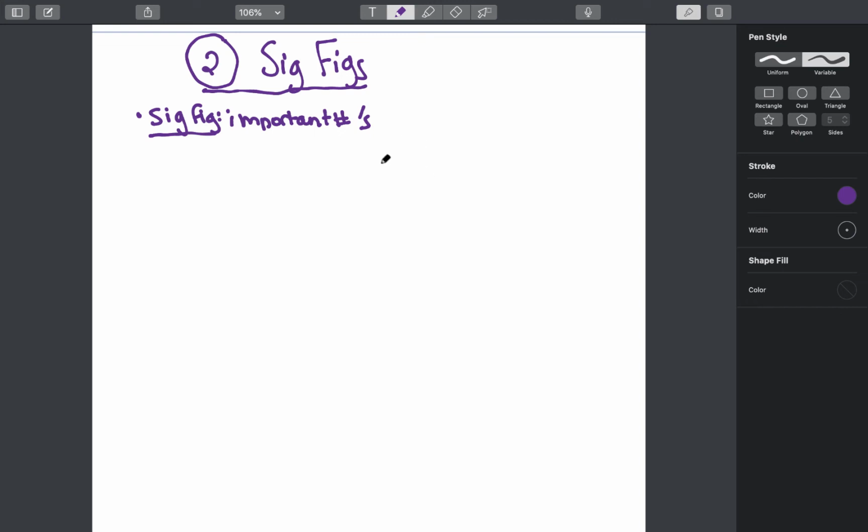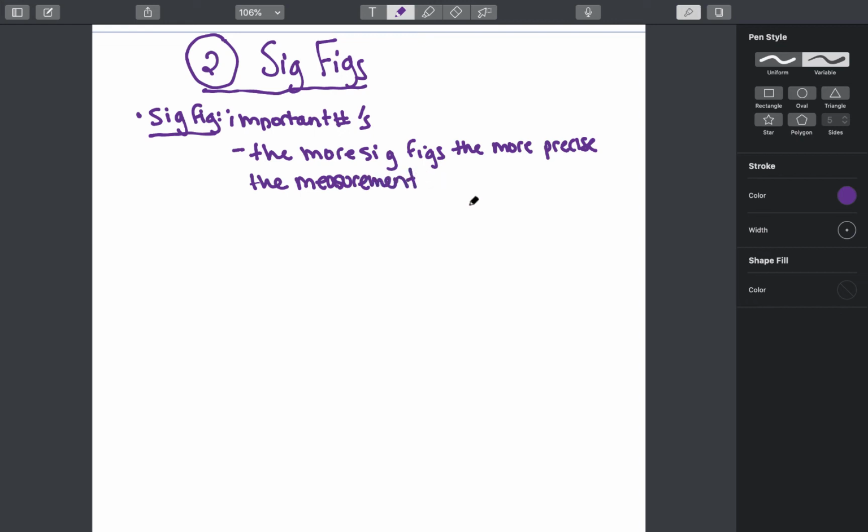Now, the important thing to note is that the more sig-figs you have, the more precise the measurement. And we'll see why later on that's the case when we actually do some of these problems together. So we'll just leave it at that for right now. The more sig-figs you have, the more precise the measurement is.